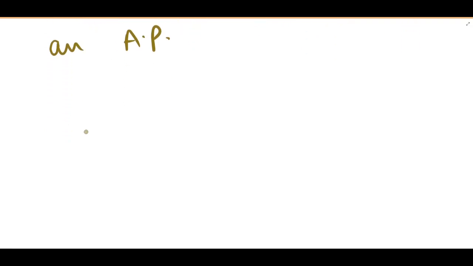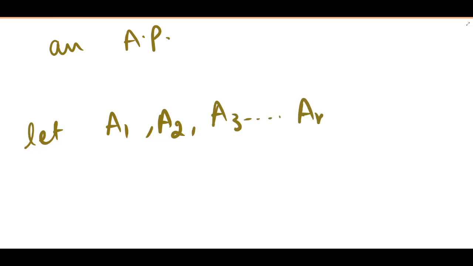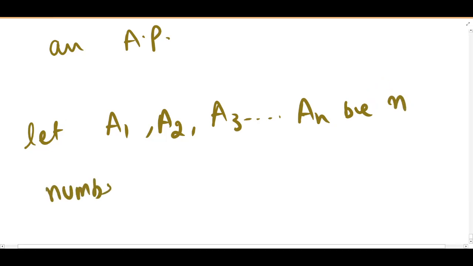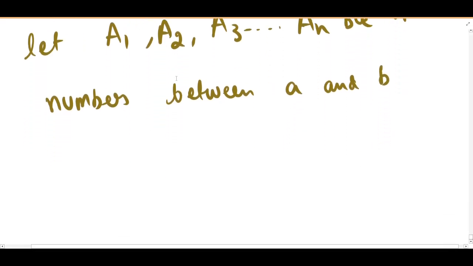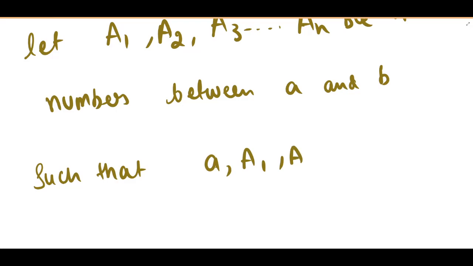So let A1, A2, A3, up to An be n numbers between a and b, such that a, A1, A2, ..., An, b is in AP.